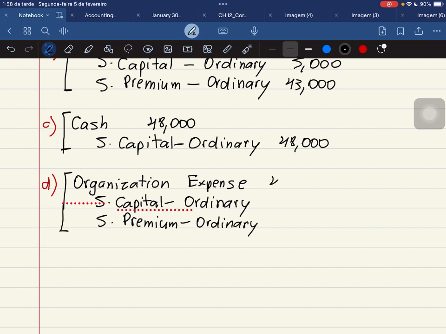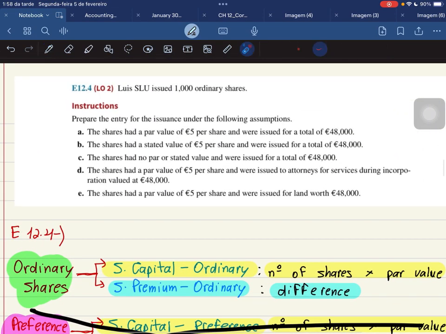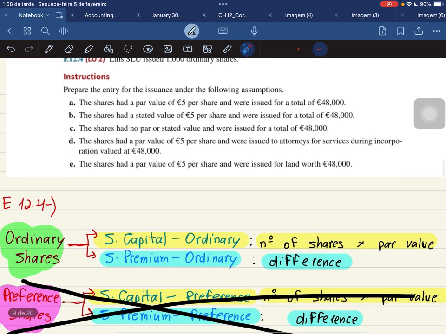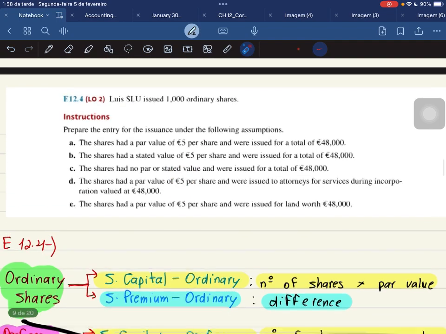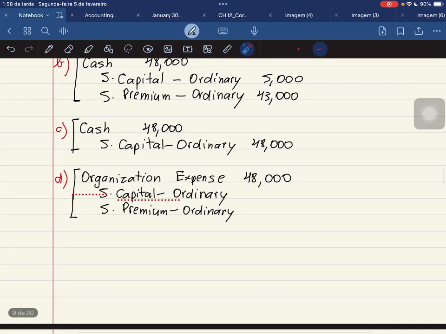So they were issued for $48,000, so here we're going to have 48. And since the number is the same, we actually didn't have to calculate it. But just so you remember, this one is the number of shares times the par value, so it's going to be 1,000 again. And the share premium ordinary, that is the difference, which is 43,000 again.